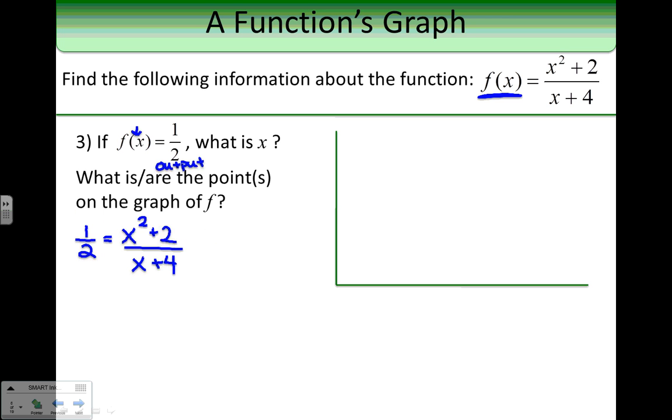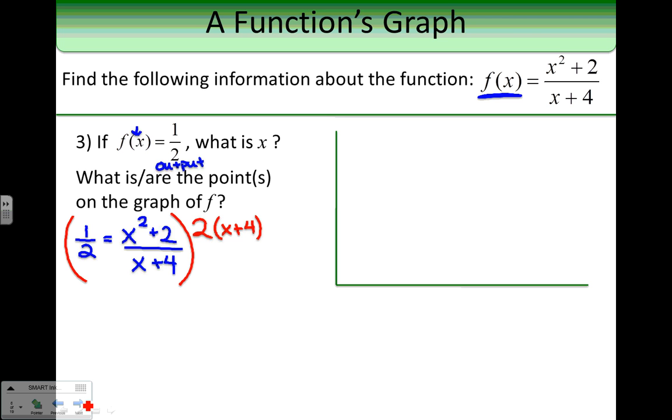We also have 2 in our other denominator. So to make sure both of our denominators cancel out, we multiply by 2 and by x plus 4. That 2 will cancel out the denominator on the left, and the x plus 4 will cancel out the denominator on the right. So everything in my function is going to be multiplied by 2 times x plus 4.